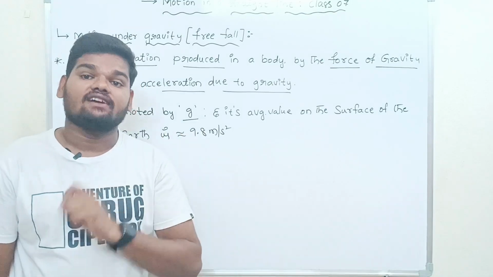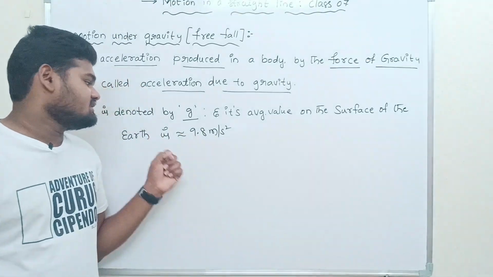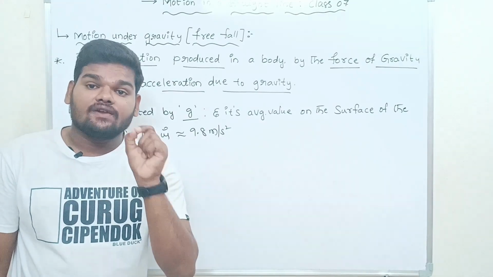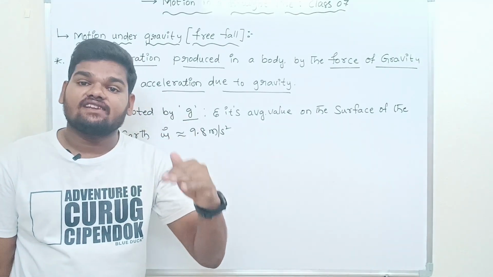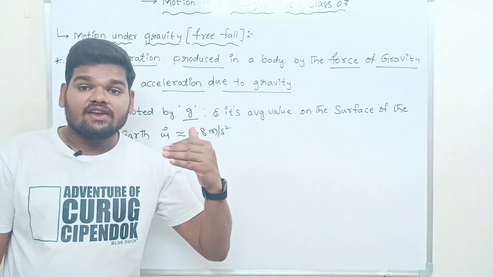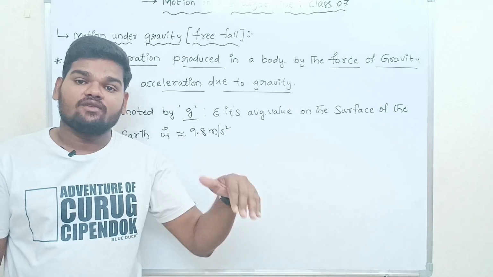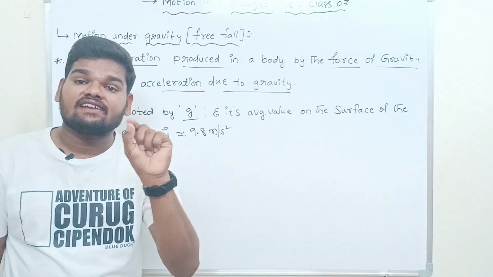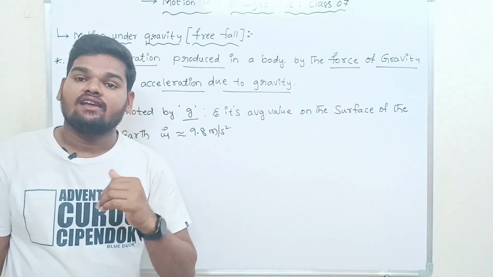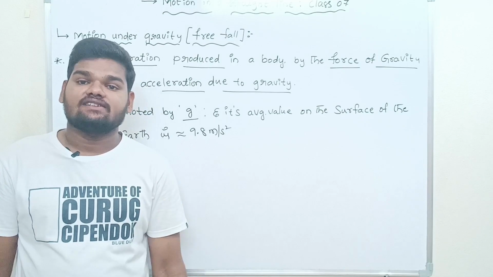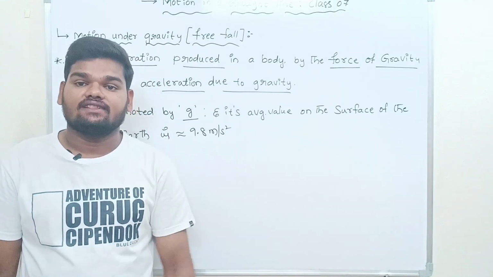So why are we taking an average value of g, acceleration due to gravity? Because the value of g changes with respect to the place on the surface of the earth. If you reach the poles, the value of acceleration due to gravity is small, nearly equal to 9.7 meter per second square, 9.725 like that.